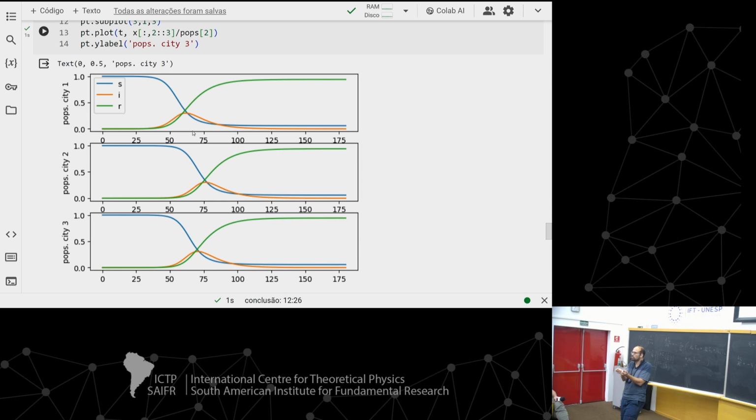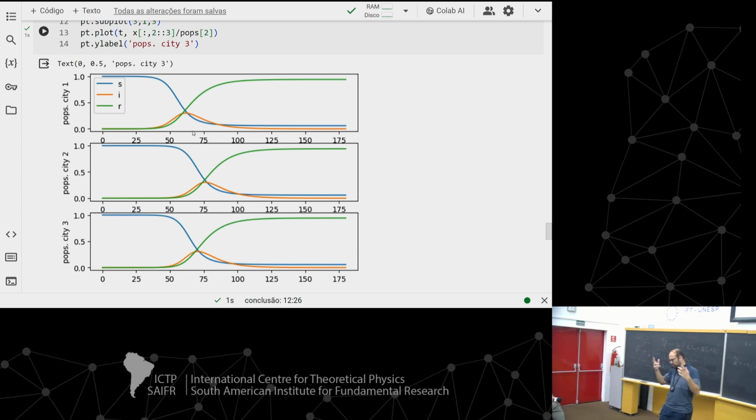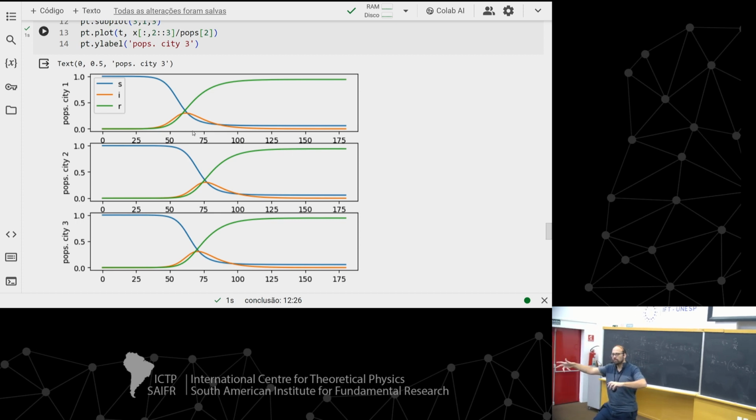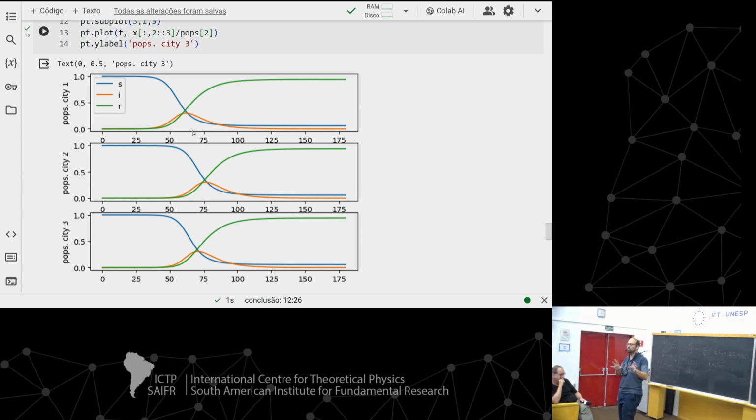So one way to deal with this sometimes is to build hybrid models that couple a stochastic process, that is the arrival of the initial individual in a city that doesn't have the disease yet, and the continuous dynamic model with ODEs of the spread of the disease inside each city. This is one possible approach in the middle way of complexity.